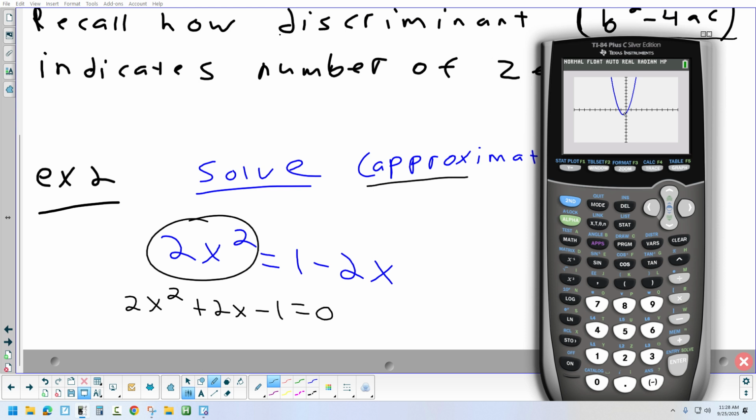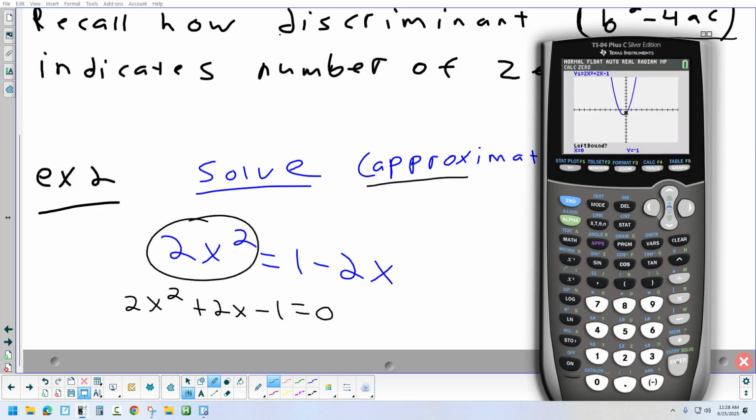We can calculate exactly where the zeros are. Press second, and then press trace. Which option there do you think is going to help us find the zeros? 0. Option 2. So pick option 2.